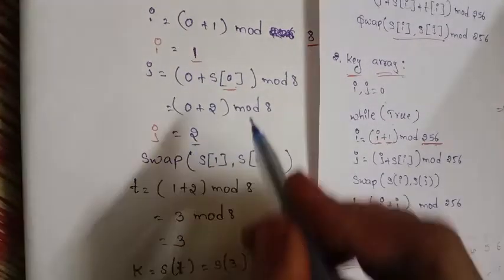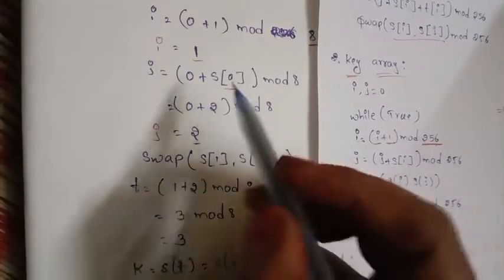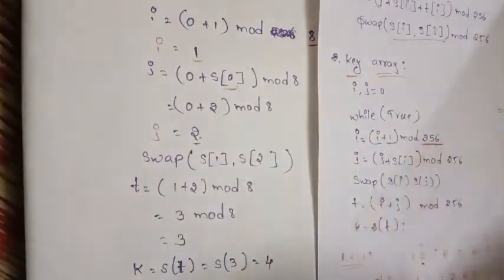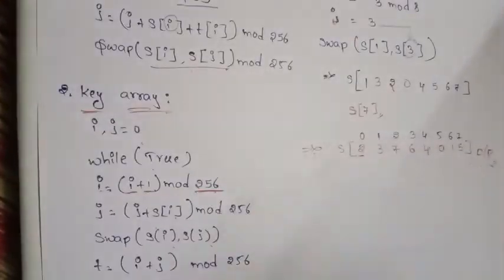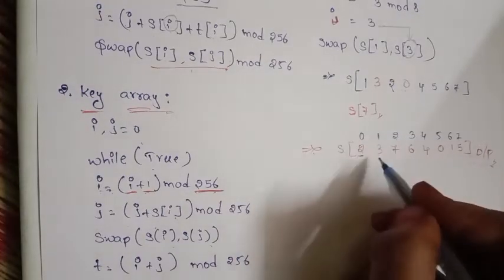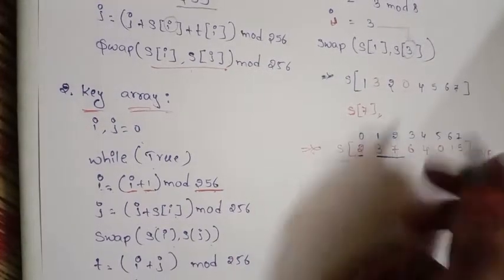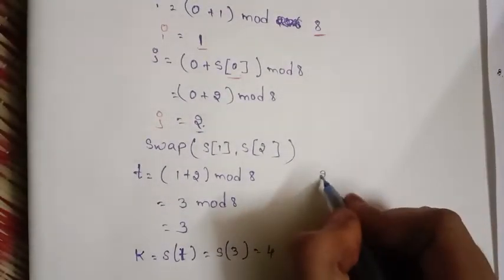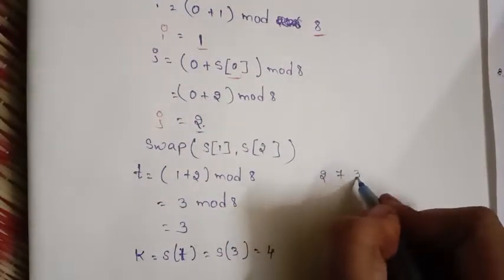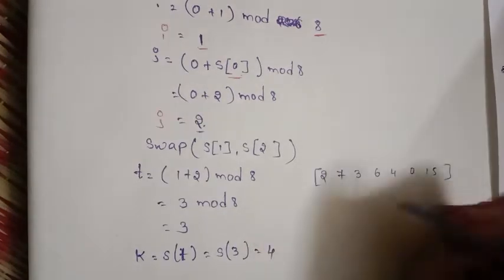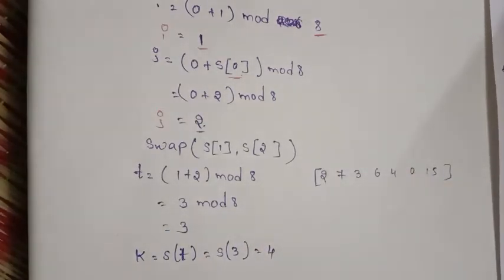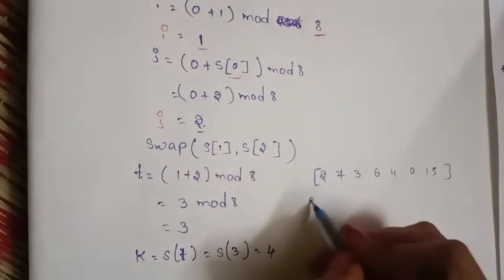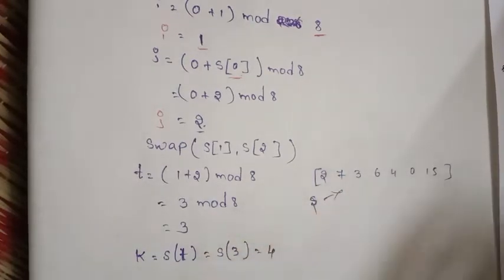Now swap S of i and S of j, that means 1 and 2. If we swap them, what is our output, guys? These two places will be changed, and that is what we will get: 2, 7, 3, 6, 4, 0, 1, 5. So this is our S array now, guys.